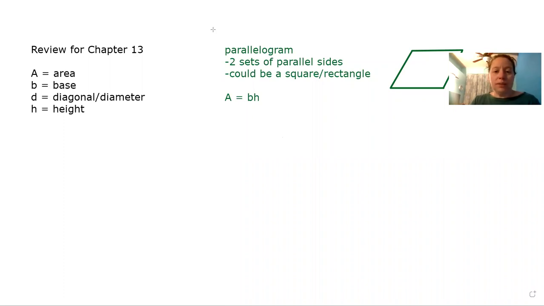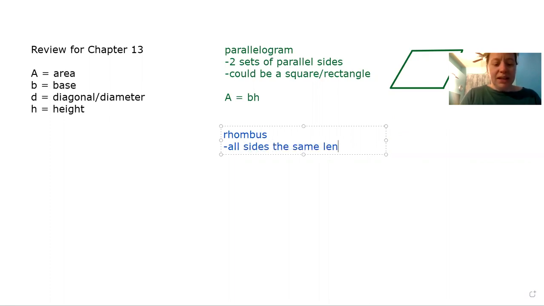Our second one would be the rhombus. A rhombus has all sides the same length.